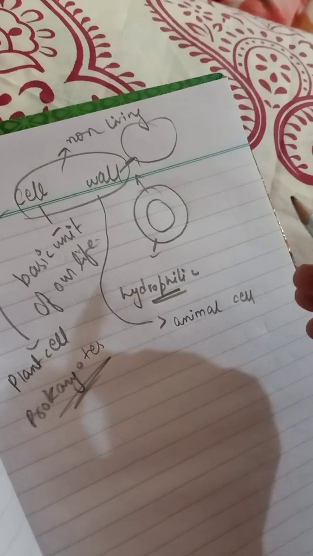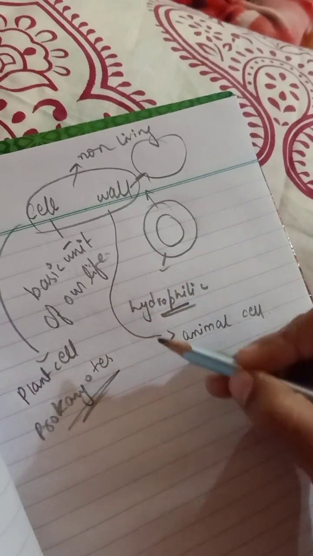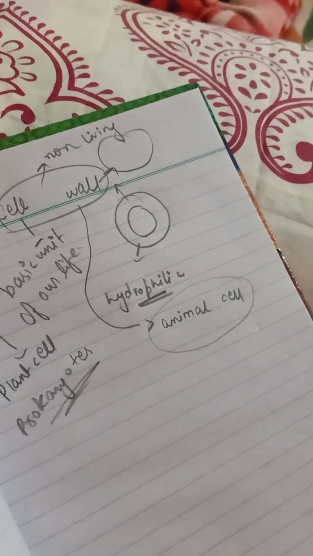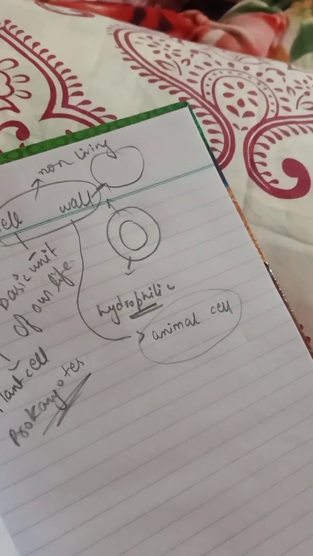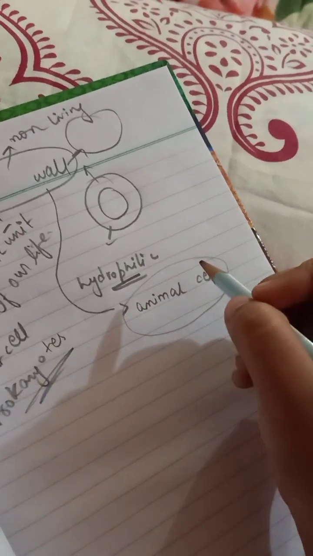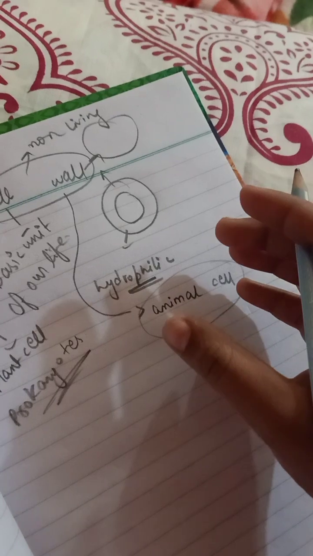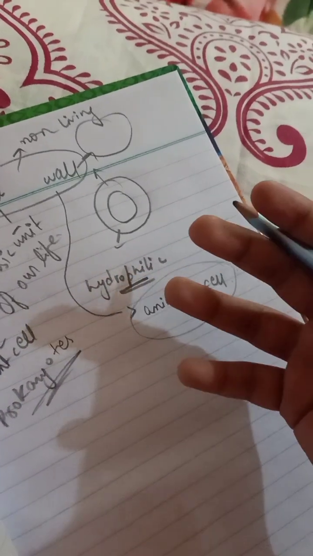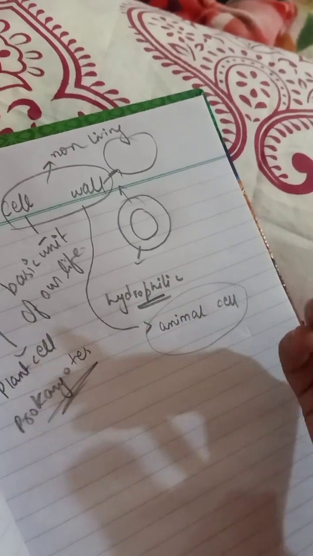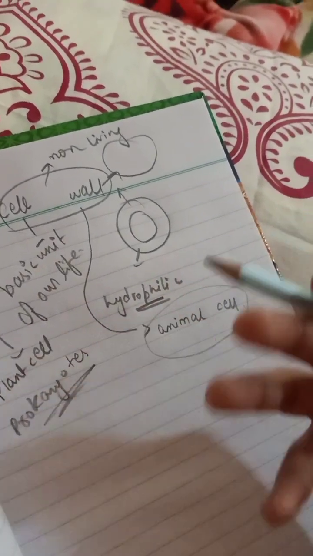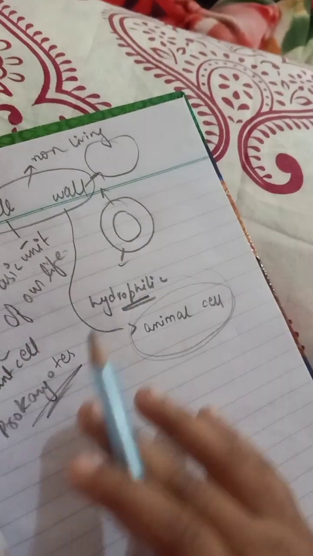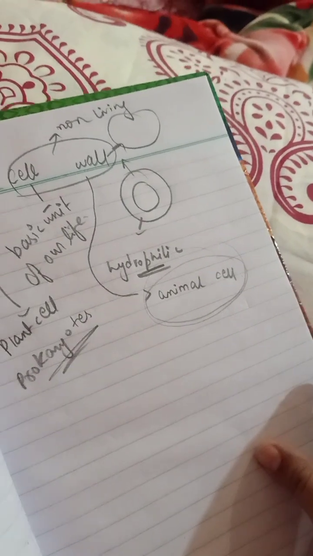Because of the locomotory mode of animals, which means moving mode, but the cell wall is rigid in nature, and it is present where there is no locomotory mode. So bacteria, cyanobacteria, plants and fungi have the cell wall, but the animal cell does not.